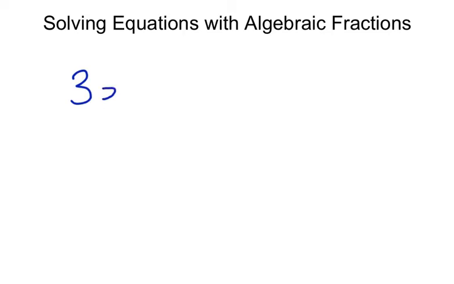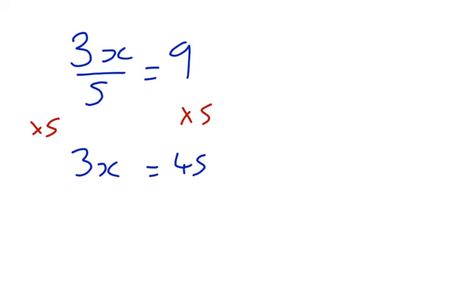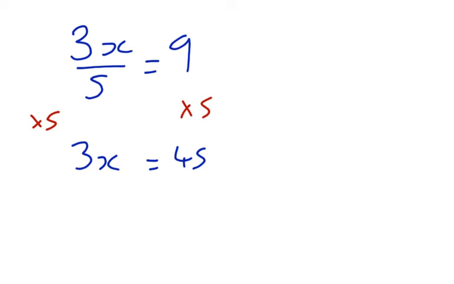So if we have 3x over 5 equal to 9, then what we have to do is multiply by 5 on both sides, leaving us with 3x equals 45, and then after that we divide by 3 on both sides to get an answer of x equals 15.